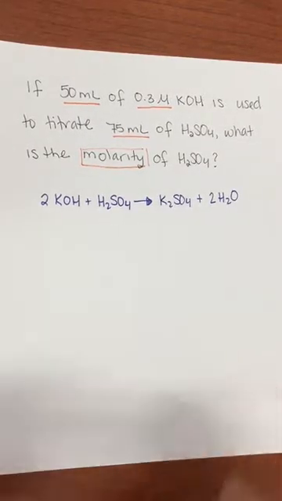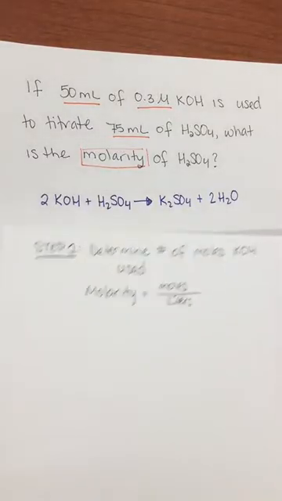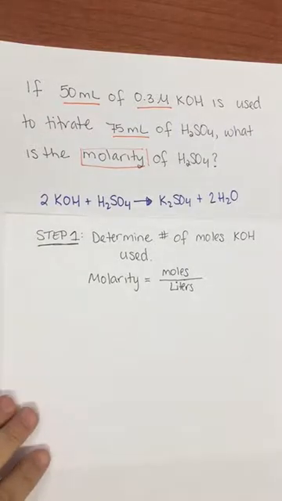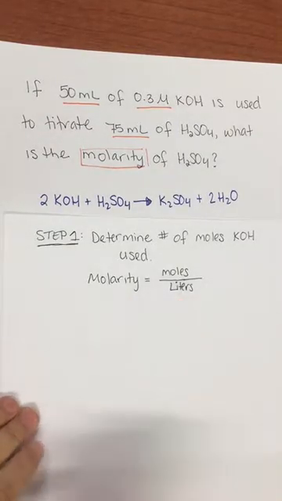I will always give you the balanced equation so that you'll be able to find your molar ratio, which you'll need not in the first step, but in the second step. So first step is you have to figure out how many moles of KOH were used in your titration, and we will use the molarity equation for that.